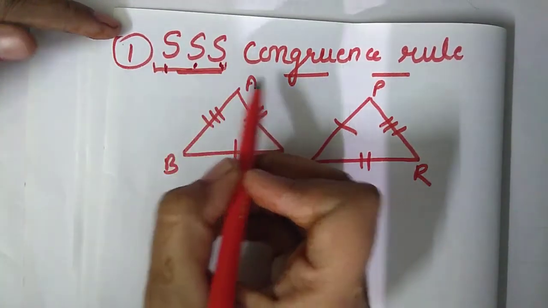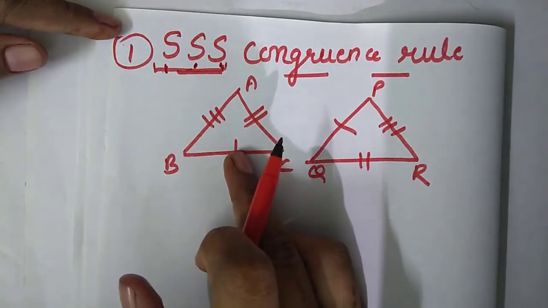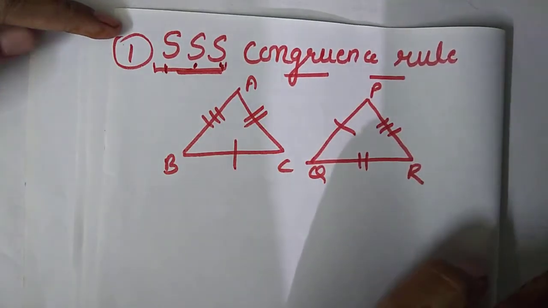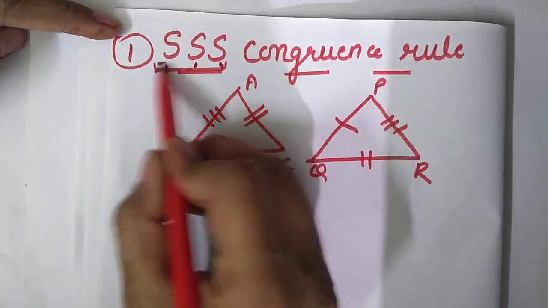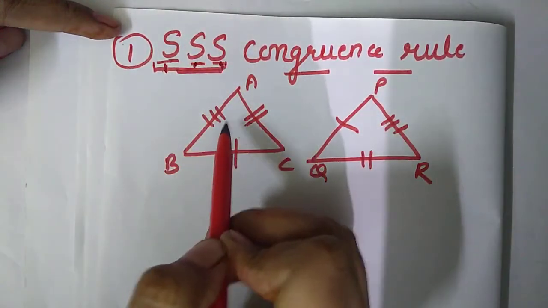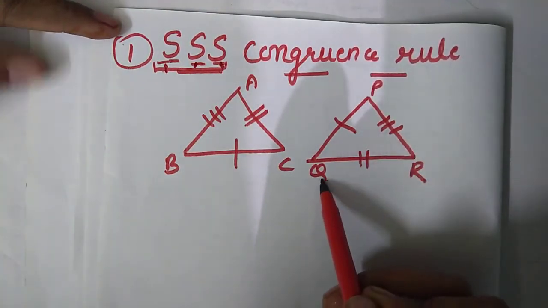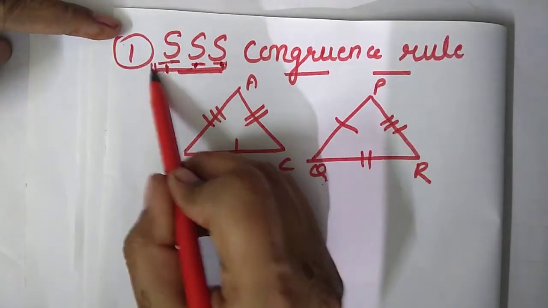It states that whenever three sides of one triangle are equal to three sides of another triangle, then we can say that the triangles are congruent. Side, side, side means all the sides of one triangle must be equal to all the sides of another triangle. Then we can say that the triangles are congruent by this rule.